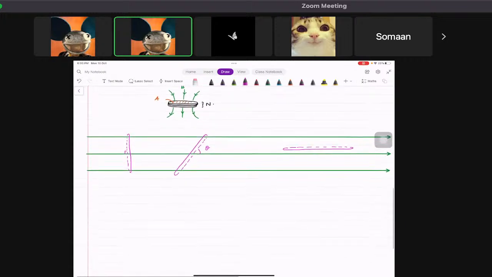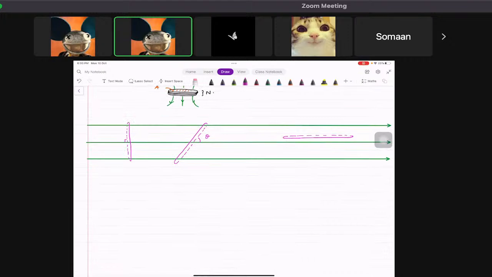Now the first one shows you the max linkage, because you need to remember that the flux linkage can be regarded as BAN sine theta. If I put 90 degrees into sine, it will just give me BAN, right?